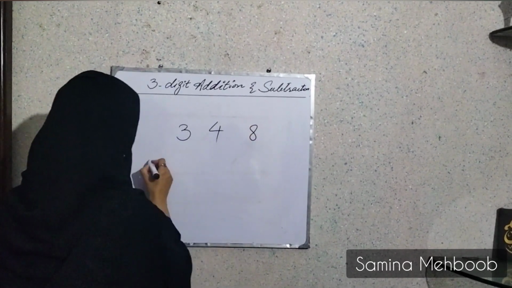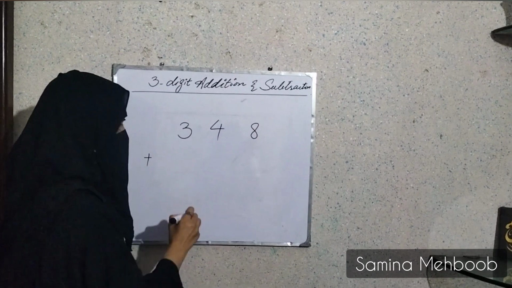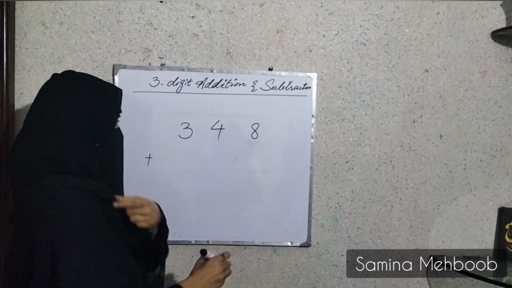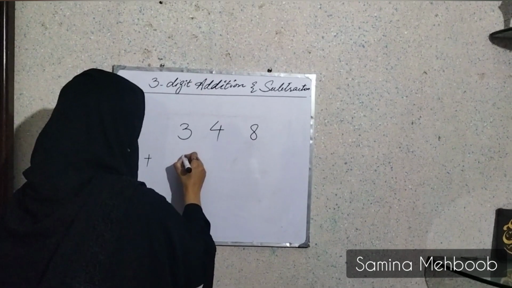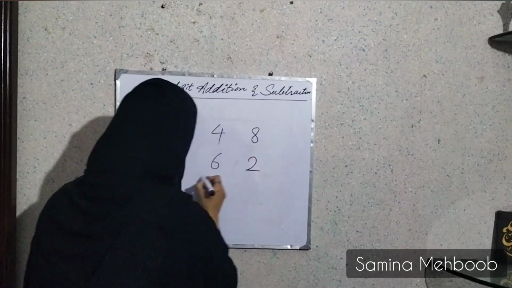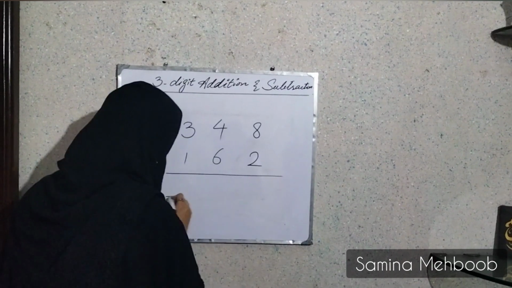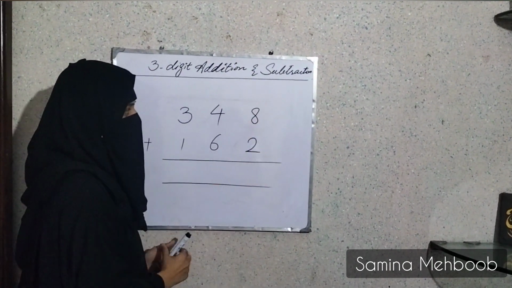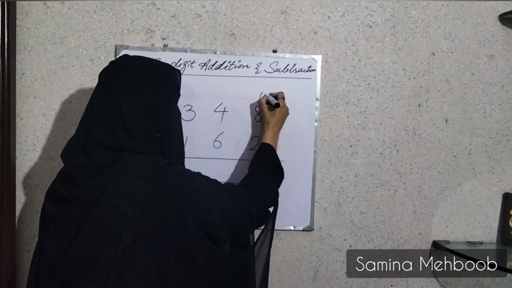348. Okay, plus. Today I will not write the place value first. First we will write a number. The next number is 162. Now tell me, what is the place value of the rightmost digit? It's ones.